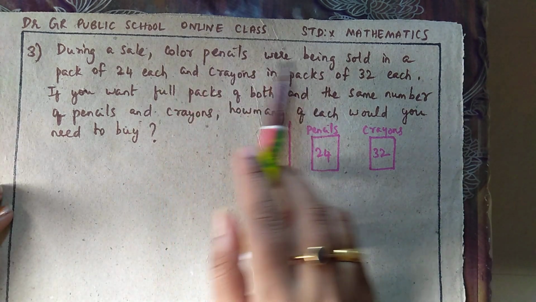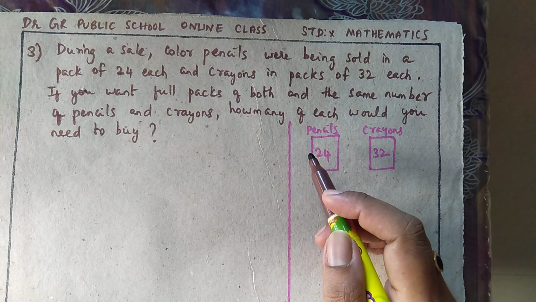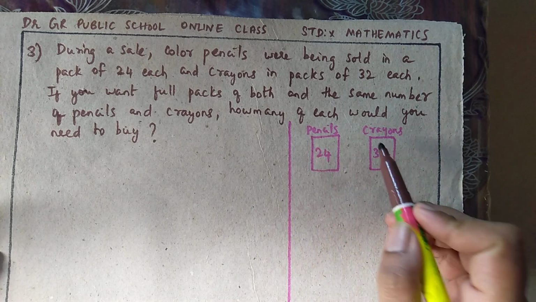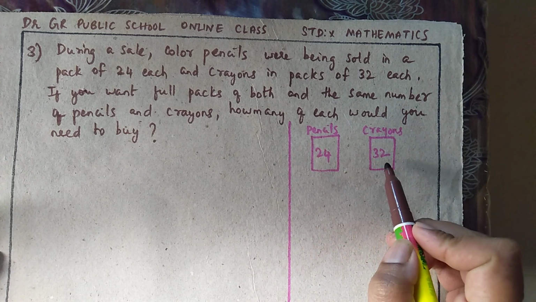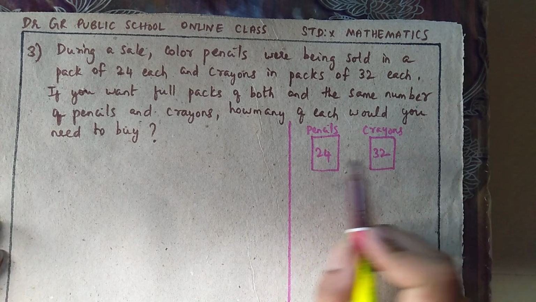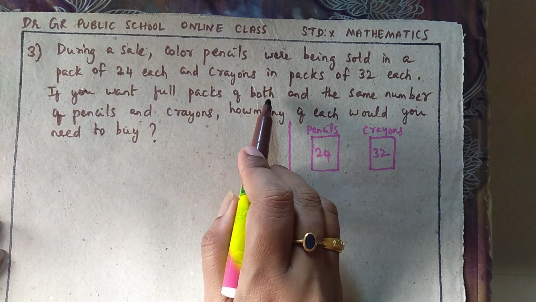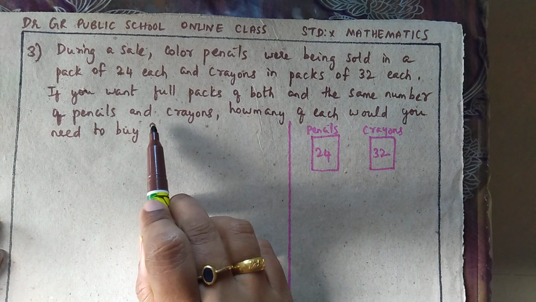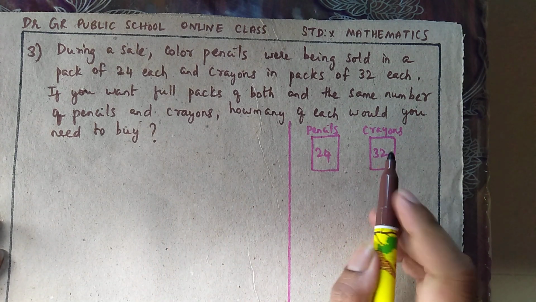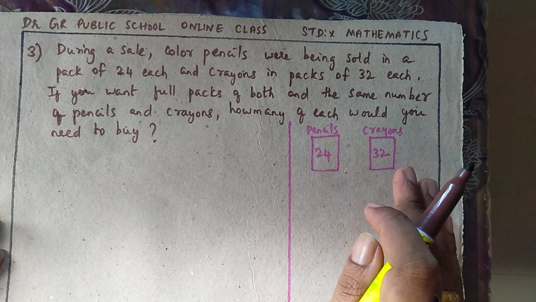In one packet there are 24 pencils, and in one packet of crayons, 32 crayons. We want to buy both the items. If you want full packs of both and the same number of pencils and crayons, that means when you buy the two items they should come in the same numbers.